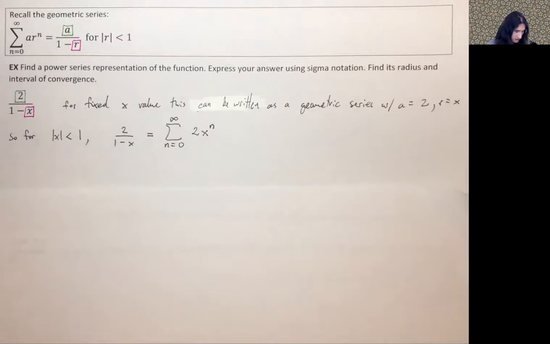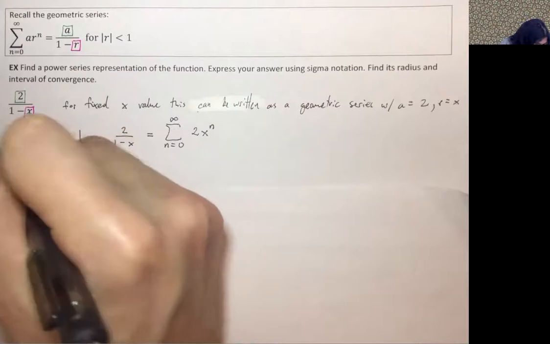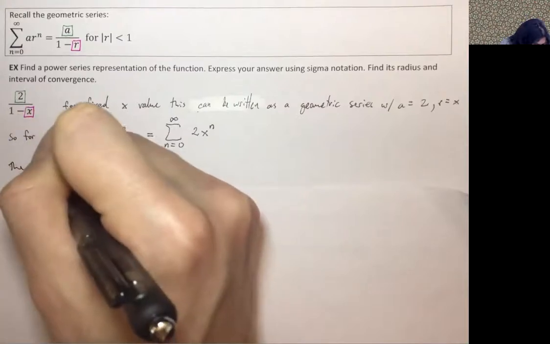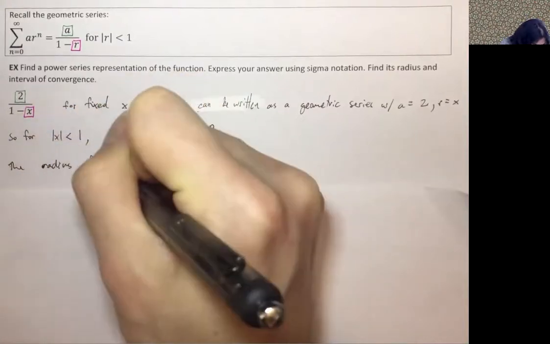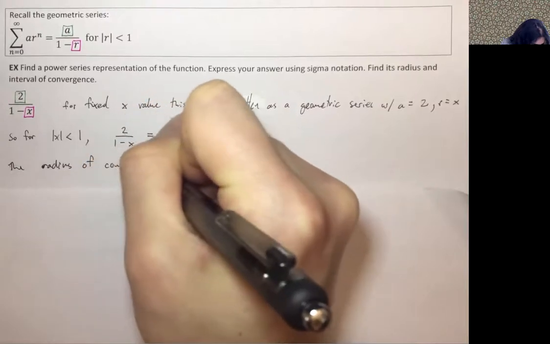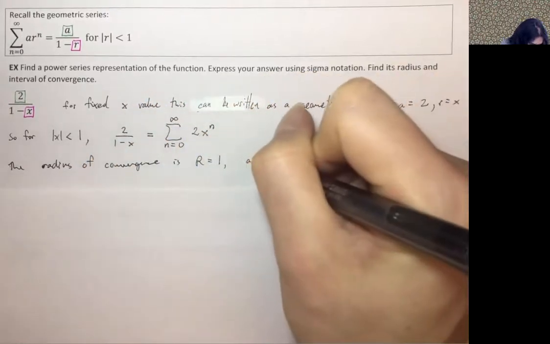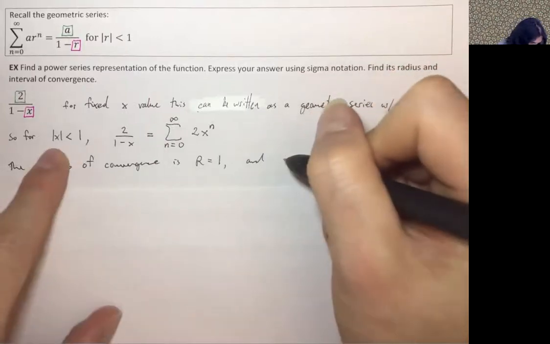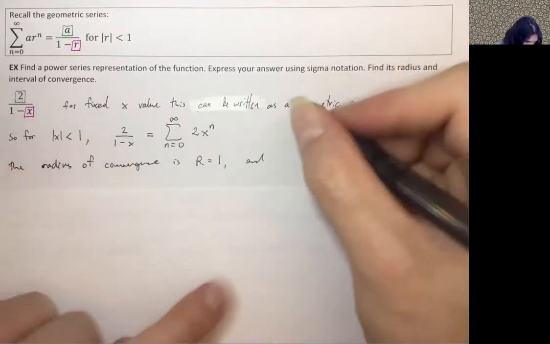That's a power series representation right there. We've already got our radius of convergence. That says it right here. R equals 1. And the interval of convergence is derived from writing this out as minus 1 is less than x is less than 1.